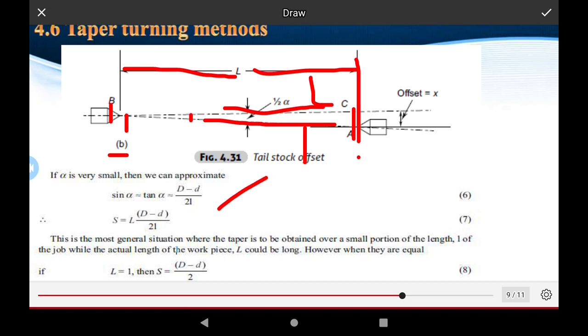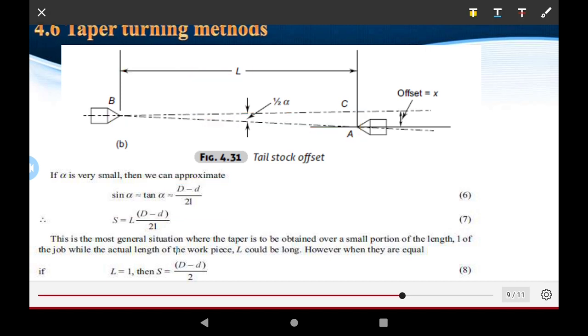Okay, this is the figure. This is the formula: sin alpha or tan alpha equal to capital D minus small d upon 2L. Okay, and the other value, sin alpha, is also equal to S. So S equal to what will it be?